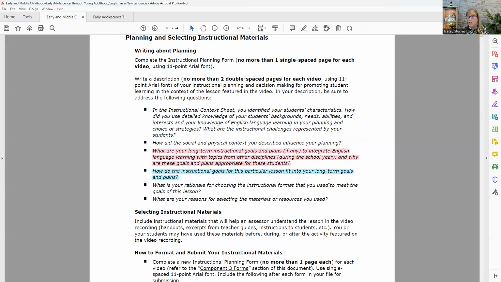How do the instructional goals for this particular lesson fit into your long-term goals and plans? So the long-term goals are less directly measurable in a single lesson. The ones in a single lesson have very specific verbs that you can see. The kids are comparing and contrasting.